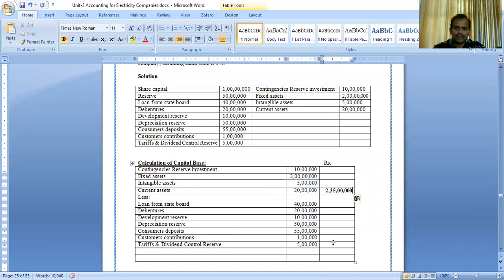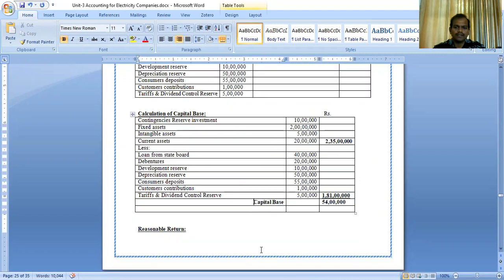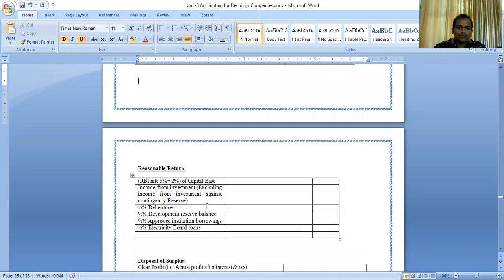And the liabilities come around 1 crore 81 lakhs. So finally, capital base is 54 lakhs. Capital base is 54 lakhs. By using this capital base, we have to calculate the reasonable return.